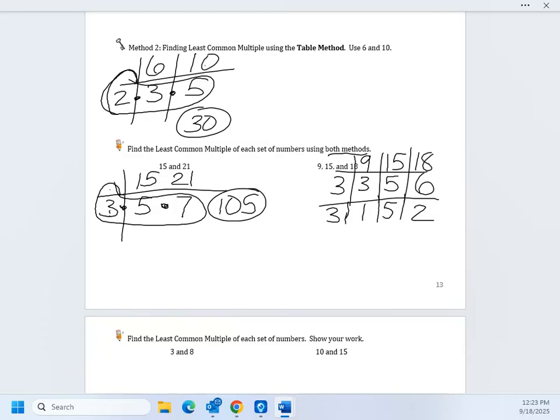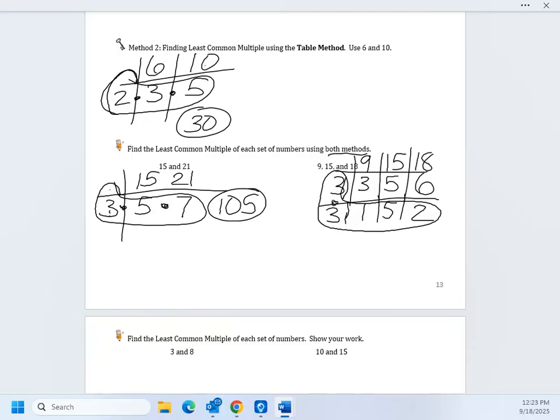So now, what am I going to do to find my least common multiple? Clara? You can multiply each number. I multiply all the ones that I pulled out, so I'm making that L, and all the ones on the bottom row. So what I pulled out and on the bottom. So now we can see it's more of an L shape because I had to pull out more numbers.